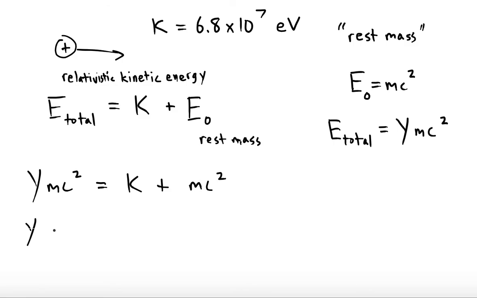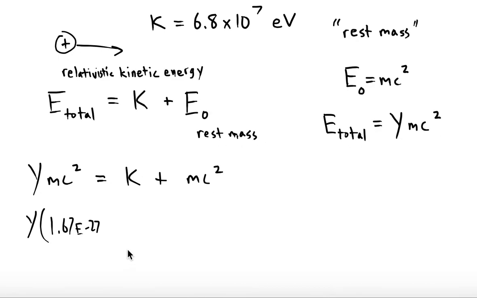Now, when we plug in the mass of a proton, we could plug in 1.67 times 10 to the minus 27, okay, so this guy will be in kilograms. Then we'll do c squared.